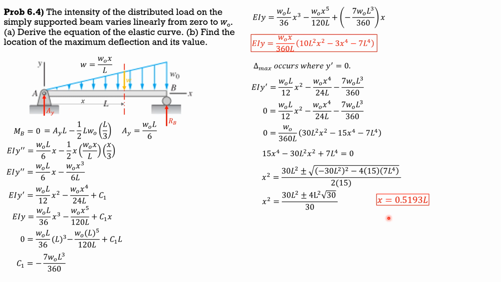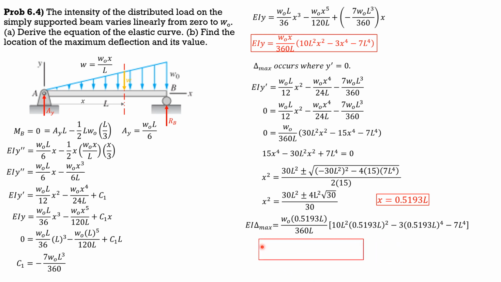And for the maximum value of maximum deflection, we substitute this into this equation. So EI delta max is WO times 0.5193 L over 360L, then quantity 10L squared times 0.5193 L quantity squared minus 3 times 0.5193 L to the fourth minus 7L to the fourth.